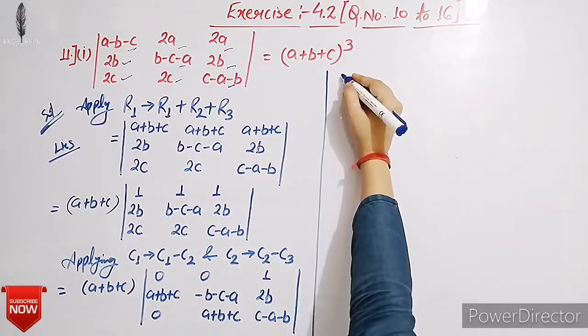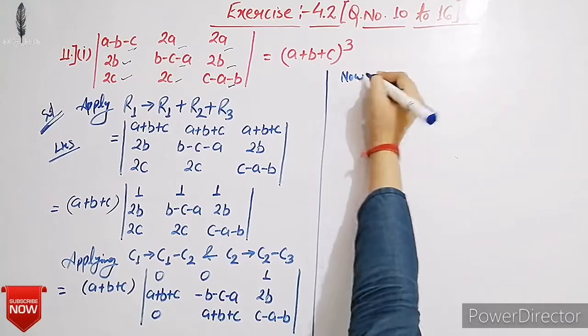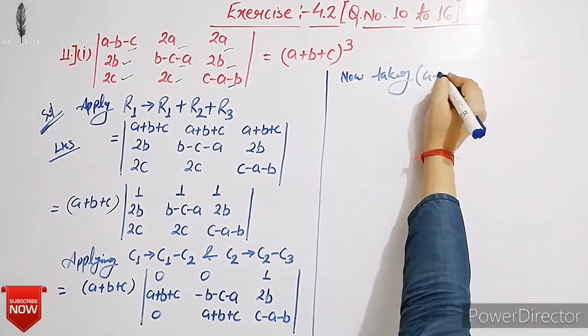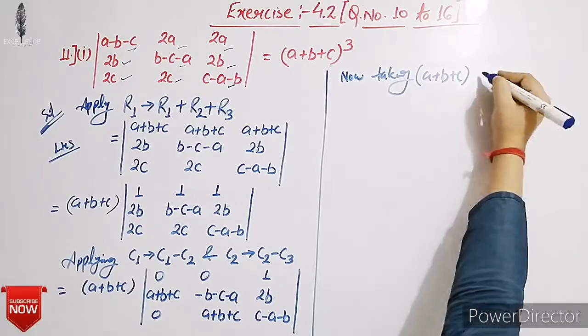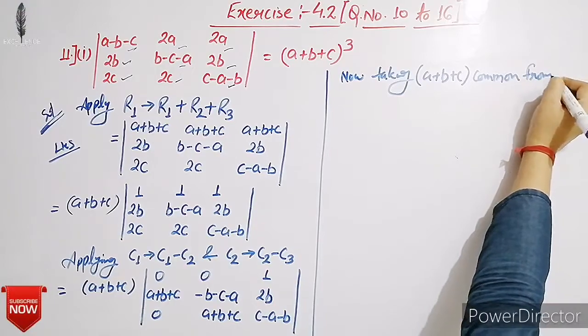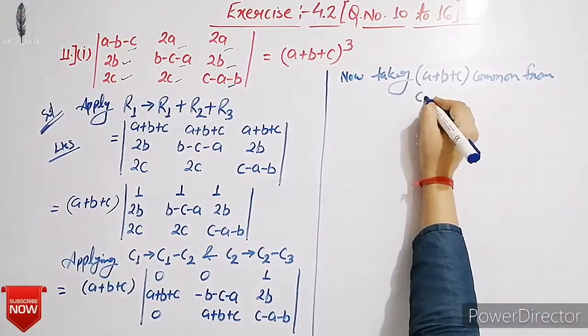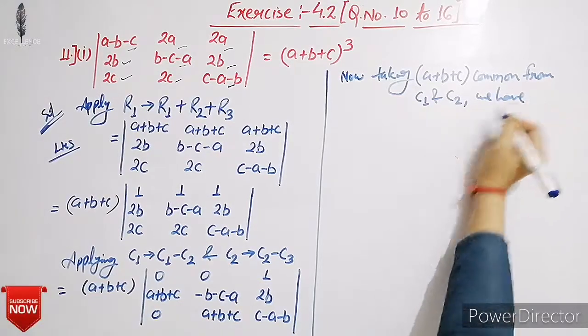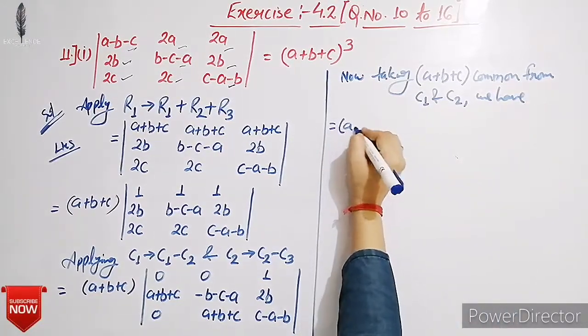Now taking a plus b plus c common from C1 and C2. Then we have a plus b plus c.